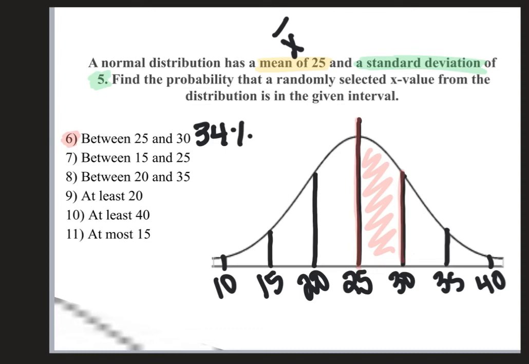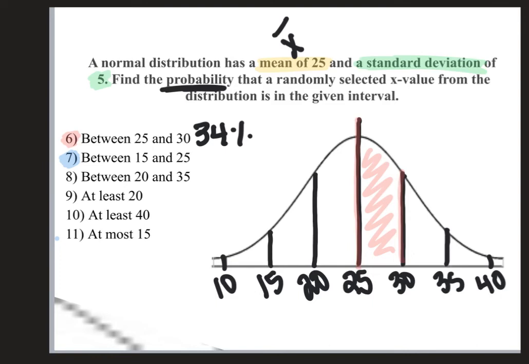My next one I'm gonna do in blue, oops. I need to find the probability, okay? Or actually, let's go back to number 6, okay? In my problem, I'm asking for the probability. So I don't want this percent anymore. I'm gonna change this percent to a probability, okay?